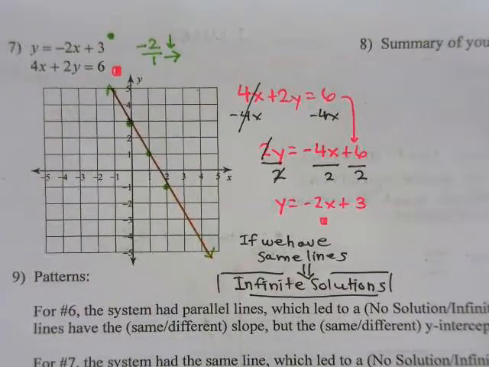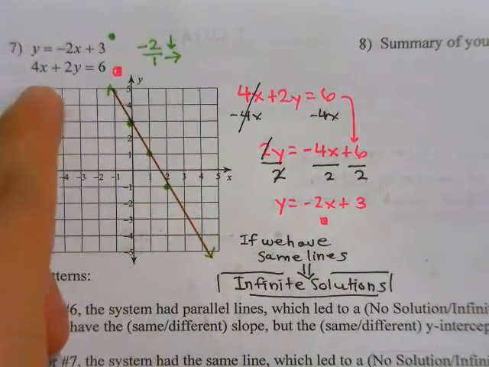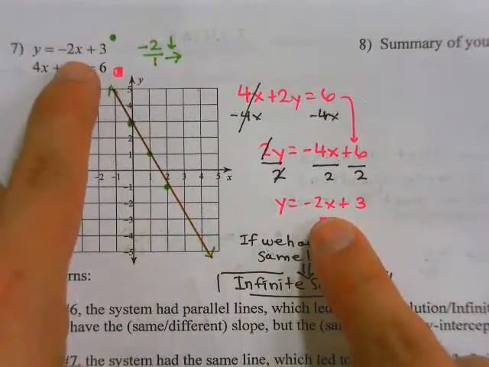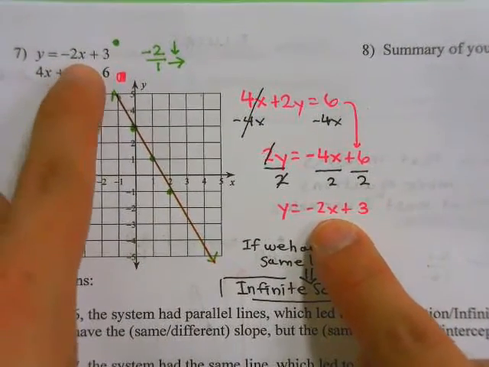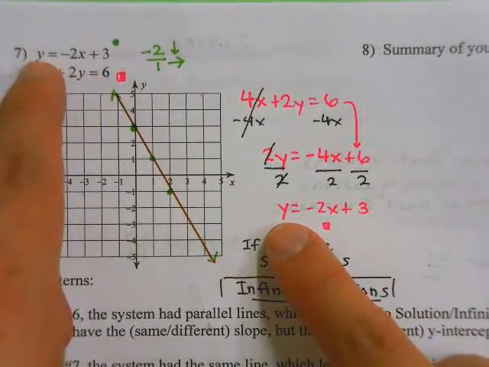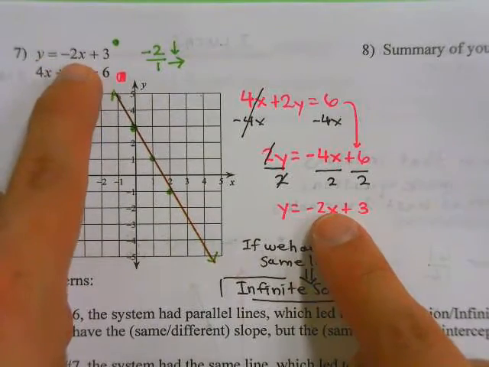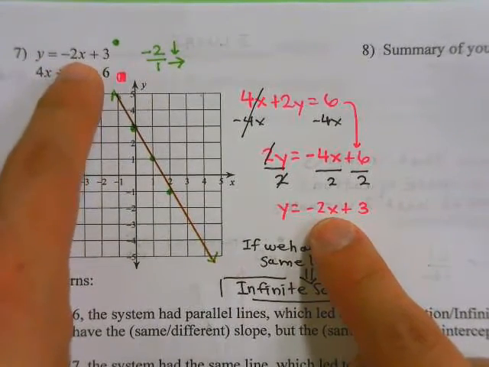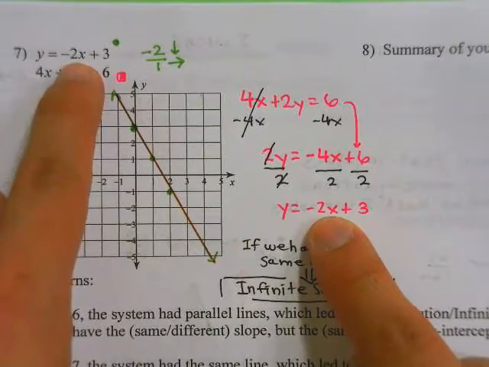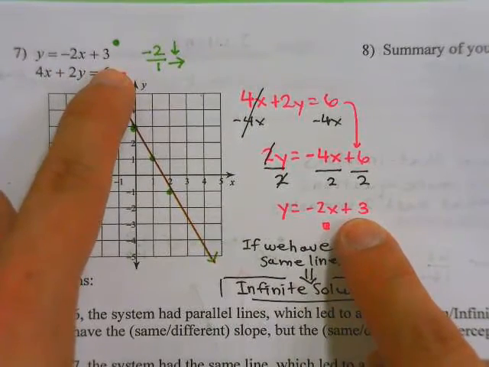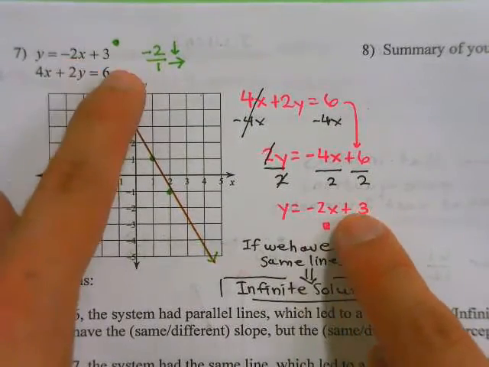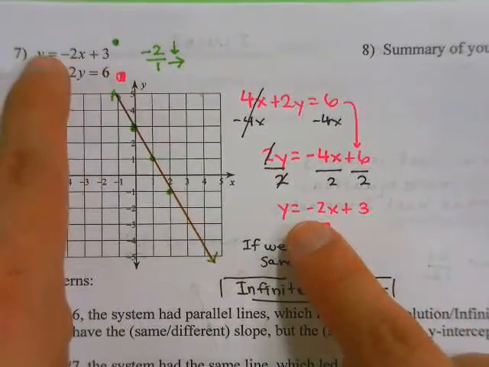One reason why we write infinite solutions is because they're the same line and the same equation, we actually could plug in any x that we want, and we're going to get the same y value. If you plug in 0, actually, let's go plug it in. What is -2 times 0? 0. And 0 plus 3? 3.